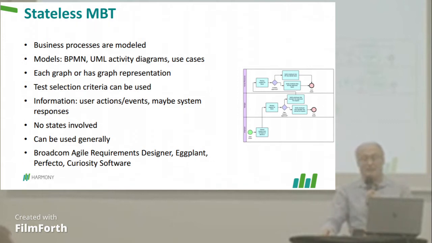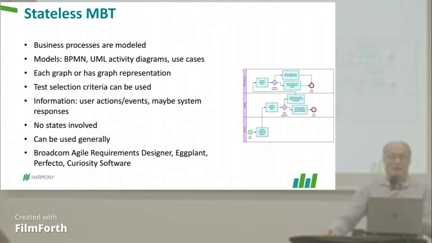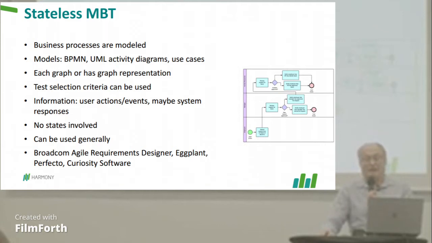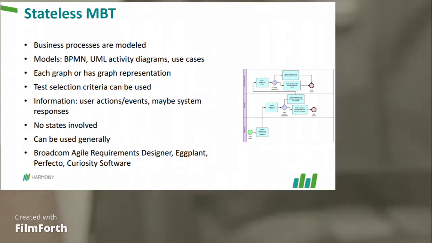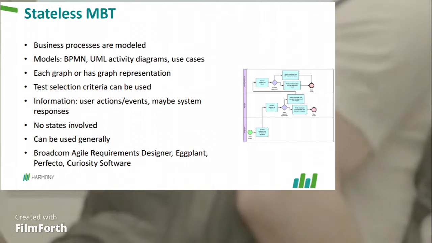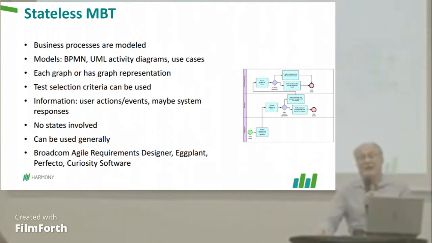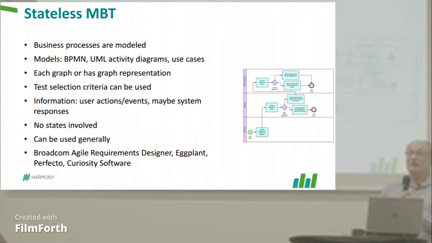These are business process models, such as BPMN, UML activity diagrams, or use cases. Obviously, use cases are textual modeling, but no problem because each model can be converted to a graph. Based on the graph, you can select a test selection criterion by traversing the graph in different ways.